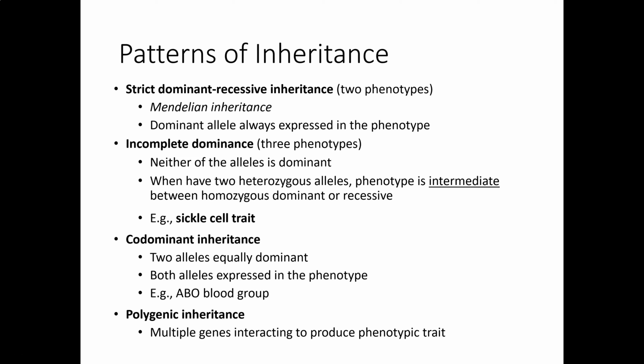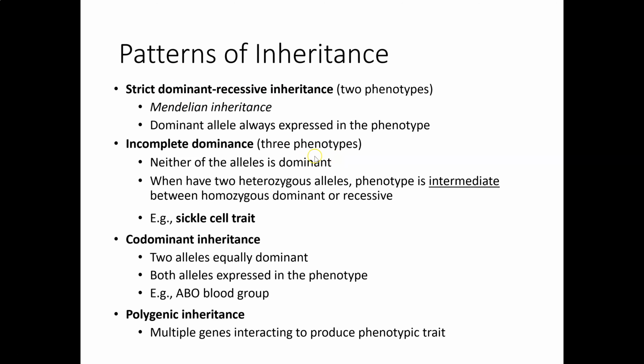This trait is encoded by a single gene, and for each kind of crossing, each kind of parents, if you only see 2 phenotypes, that means it must be a strict dominant-recessive inheritance.